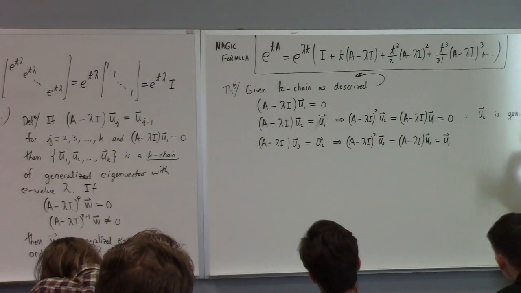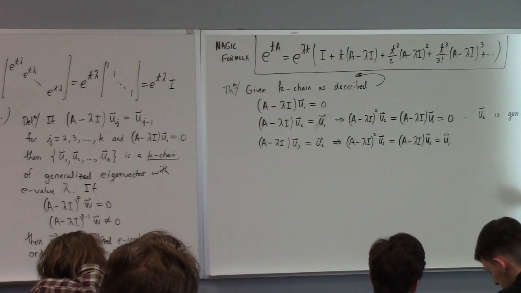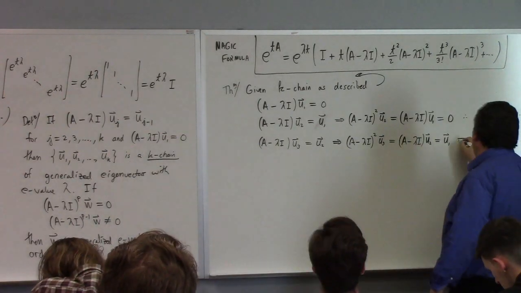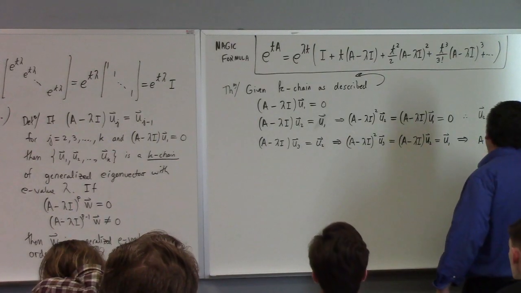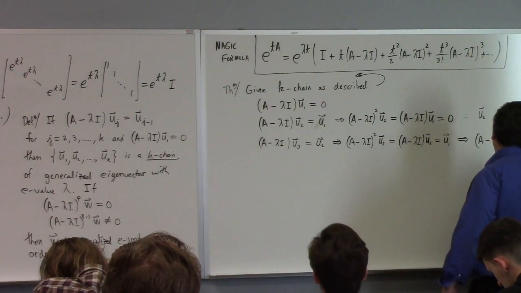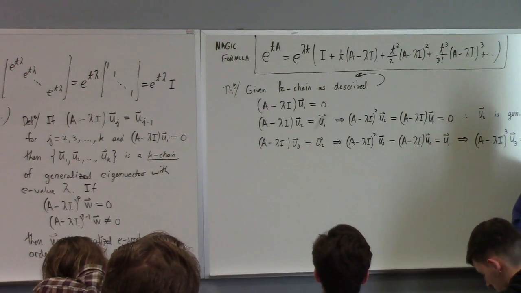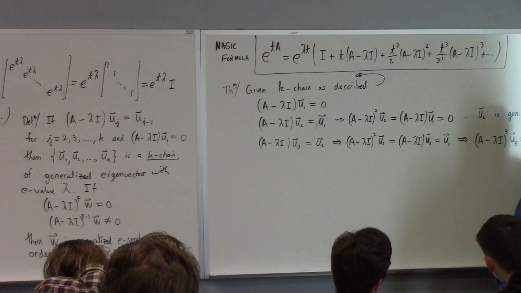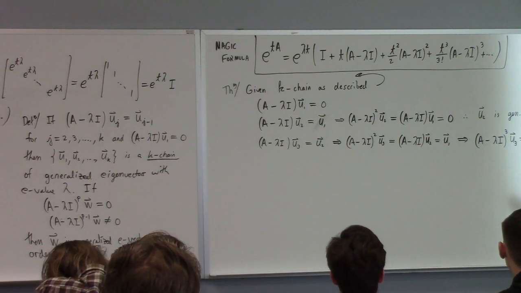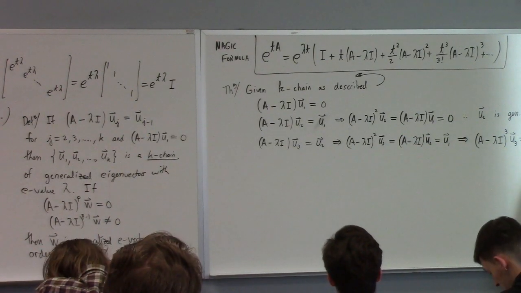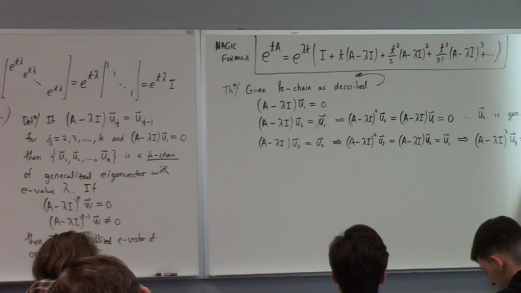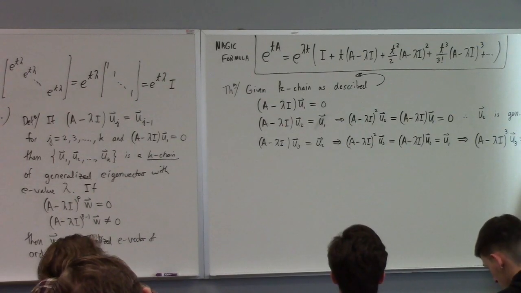So (A minus lambda I) squared on u3 gives me back u1. What happens if I multiply by A minus lambda I another time? I get (A minus lambda I) cubed acting on u3 is (A minus lambda I) acting on u1. This was given to be 0. So therefore, u3 is a generalized eigenvector of order 3.